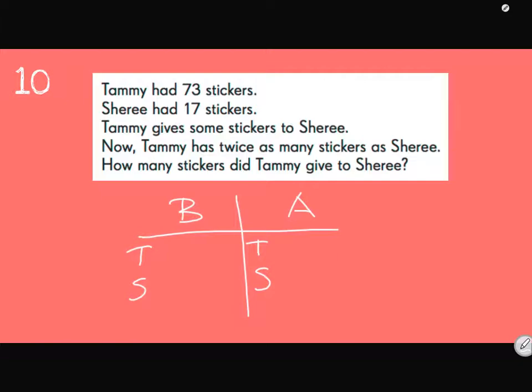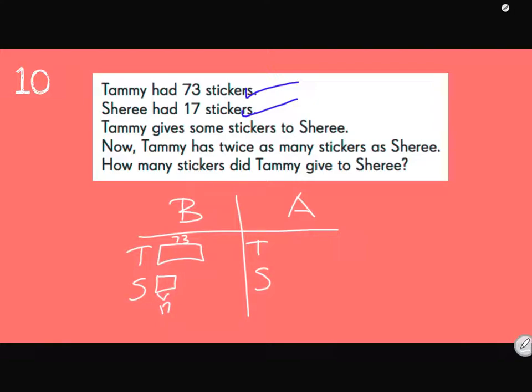Tammy had 73 stickers to start, so I'm going to go ahead and mark that. And Cherie had 17 to start, so she's much smaller here. Cherie had 17. Now Tammy is going to give some. So Tammy's going to lose out. So she's going to end up having less than 73.